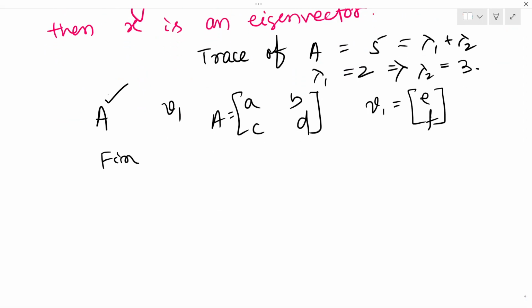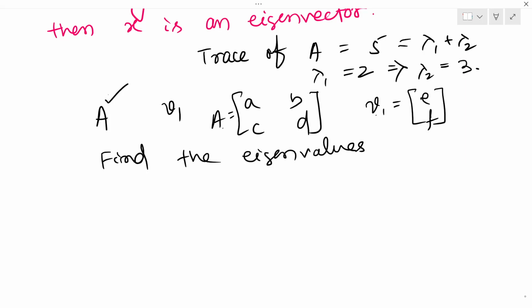Find the eigenvalues of A. As it is a competitive exam, what is given? V1 is an eigenvector of A. V is given, A is given. Find the eigenvalues of A. What will you do? You will verify.